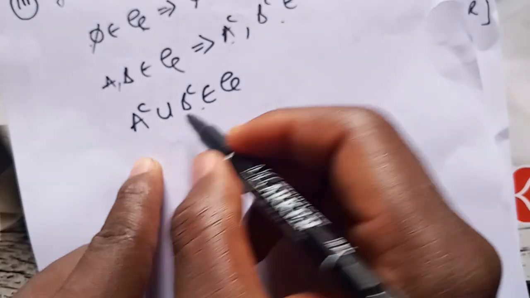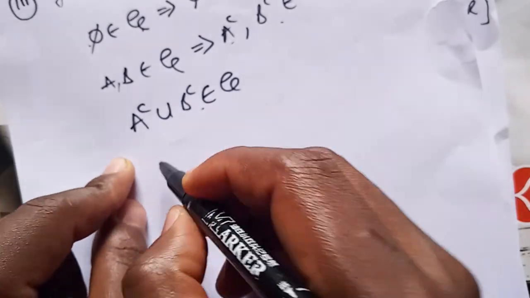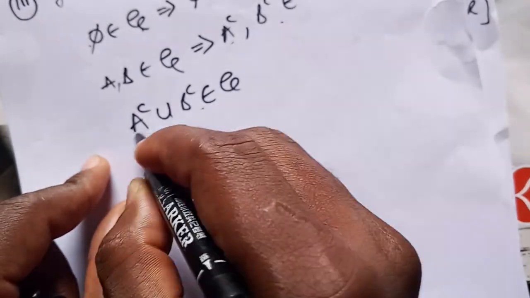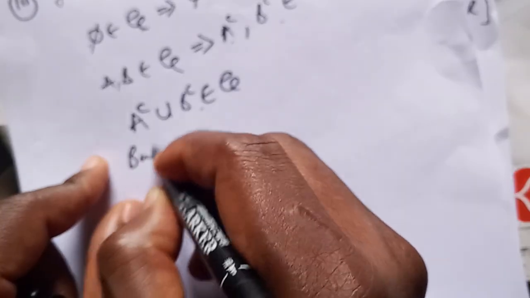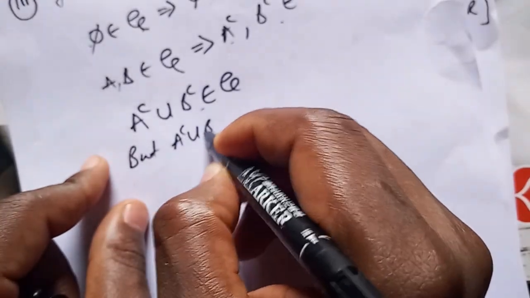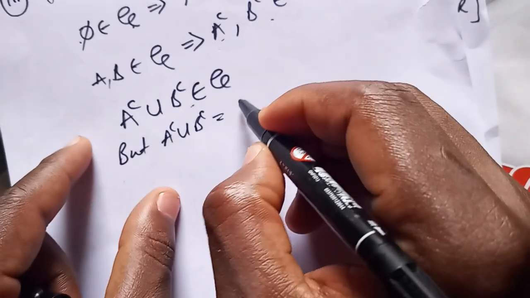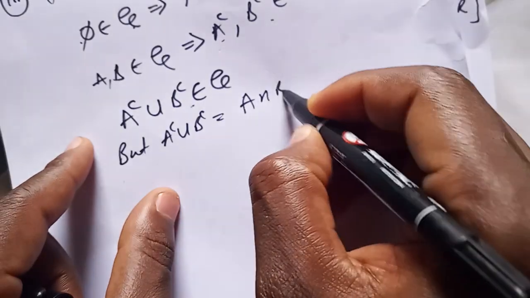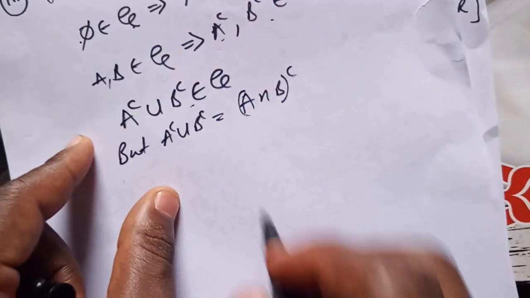So we use that logic there. Now if these two are in the algebra, remember De Morgan's law. De Morgan's law says that A complement union B complement is equal to A intersect B, complement, right? From De Morgan's law in set theory.